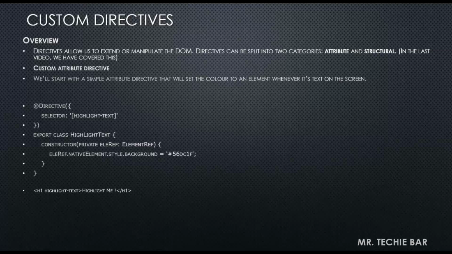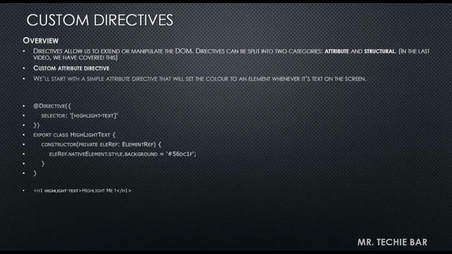With the help of the Directive decorator we can create the custom directive and mention the selector name. As you can see in the template, I've created a small example where we are setting a background color to light green.